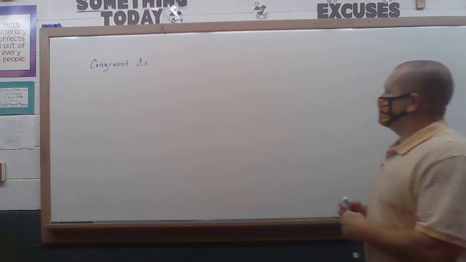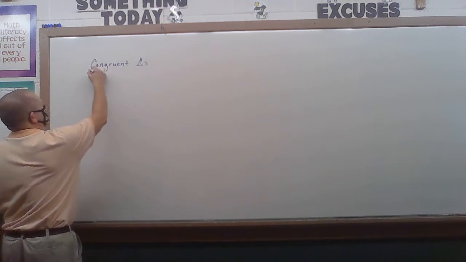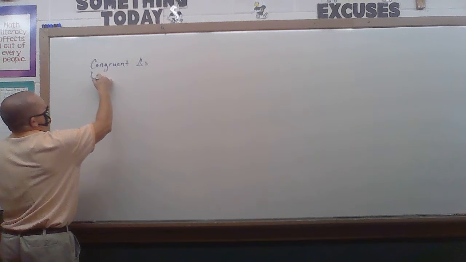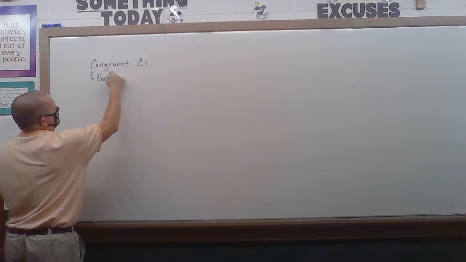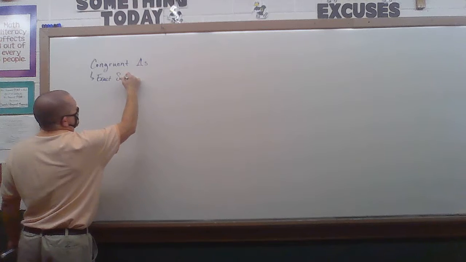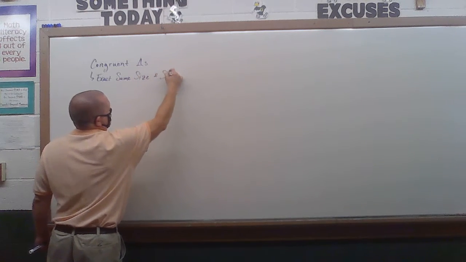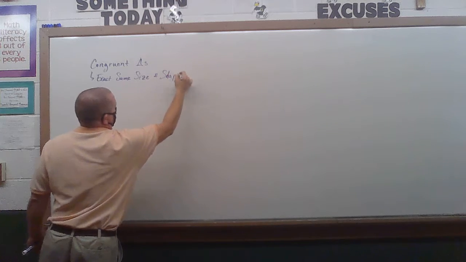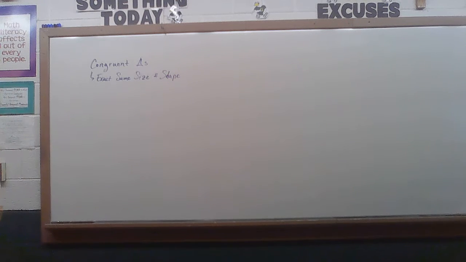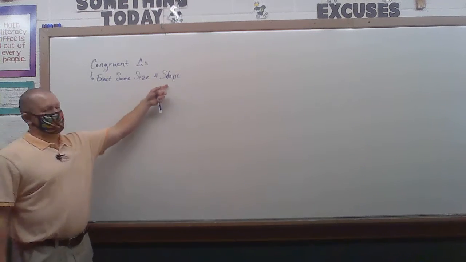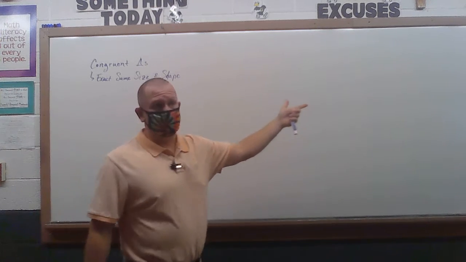But as I believe it was Bo said, this has to mean that we have the exact same size and shape. So I can never have an obtuse triangle be congruent to like a right triangle, for instance, right? Because it's definitely not the same shape, even though they're both triangles.